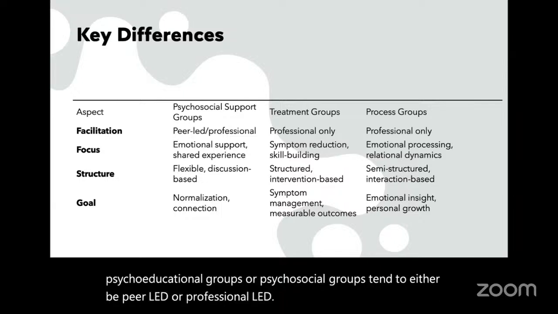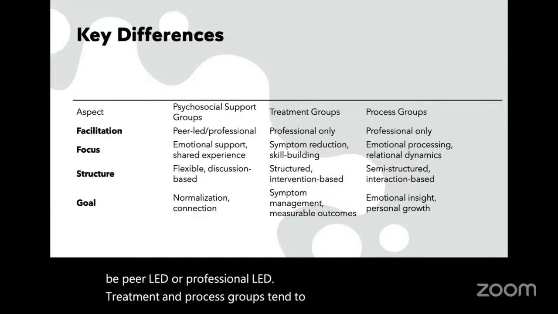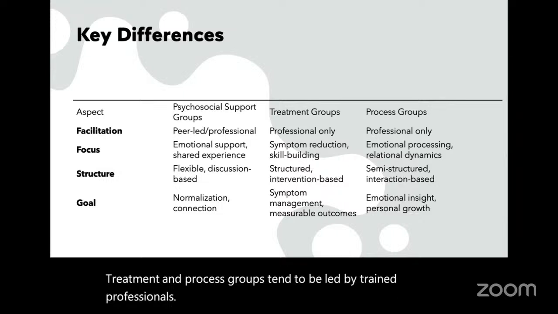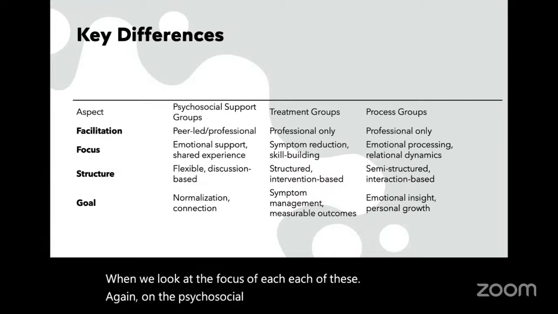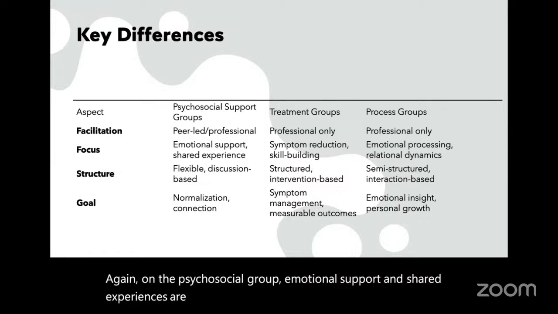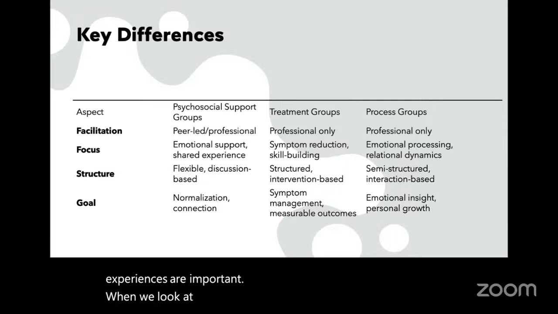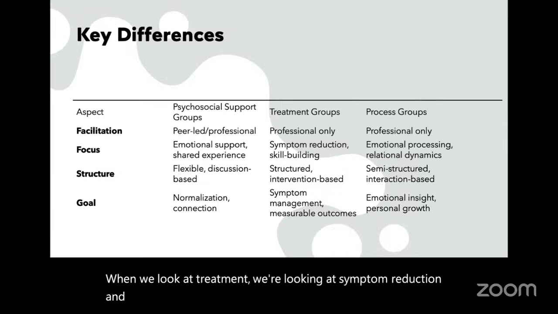Treatment and process groups tend to be led by trained professionals. When we look at the focus of each of these, again, on the psychosocial group, emotional support and shared experiences are important. When we look at treatment, we're looking at symptom reduction and skill building.